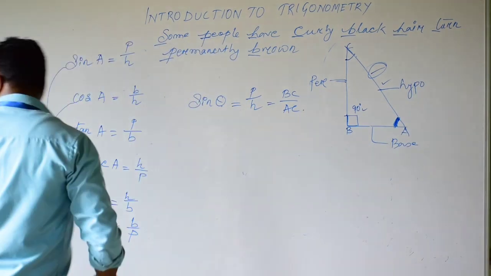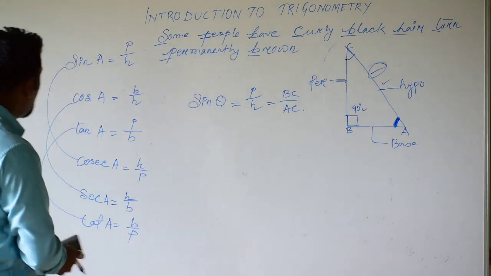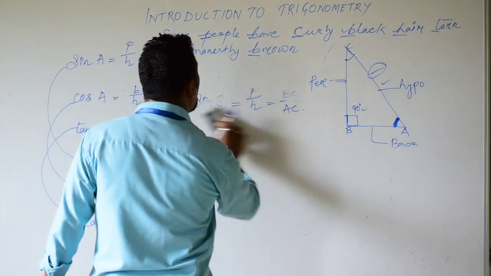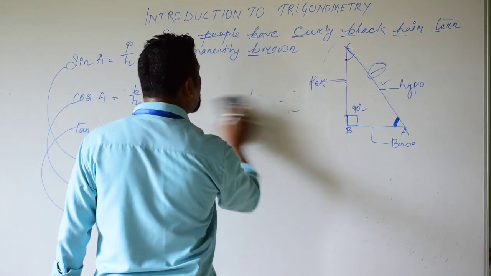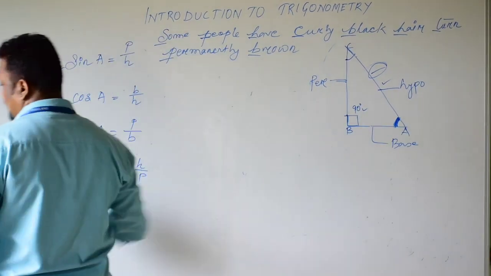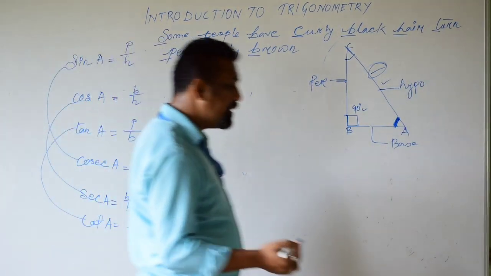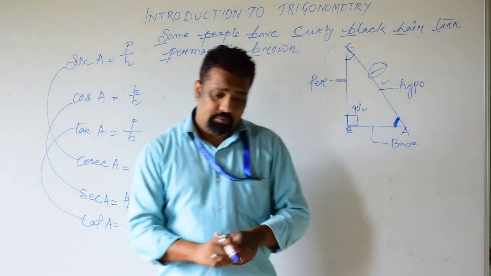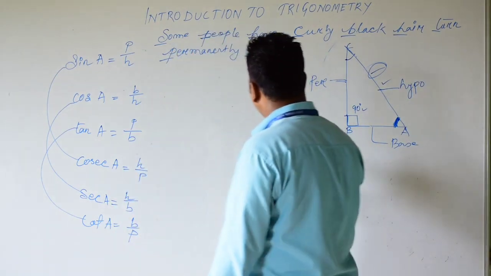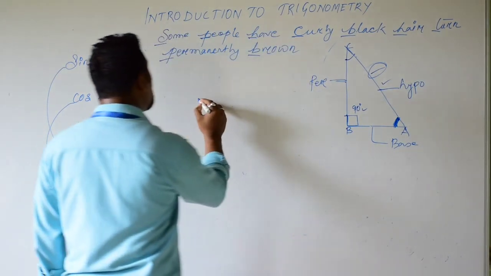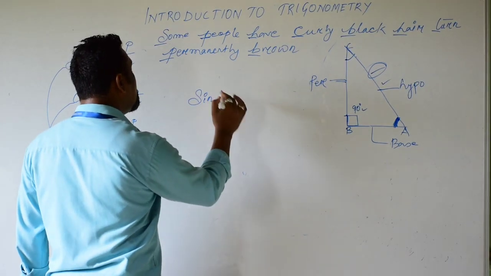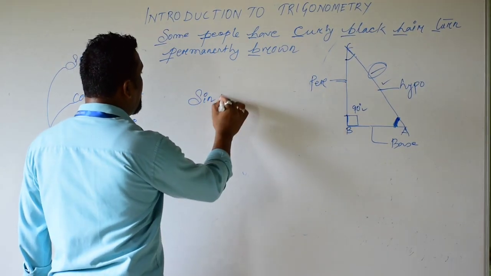Along with these functions, we have some other functions also, or you can say identities, which will be necessary for this chapter. Not exactly identities, you can call them functions also. So these are some trigonometric functions which will also be needed.